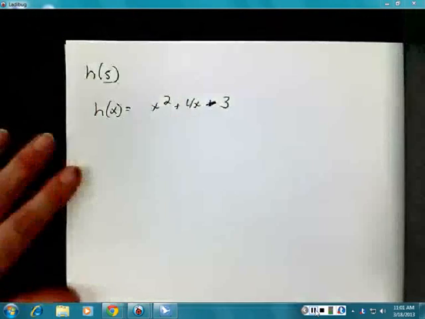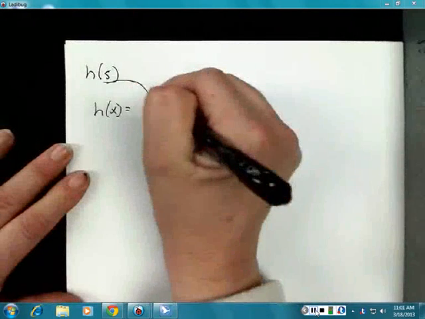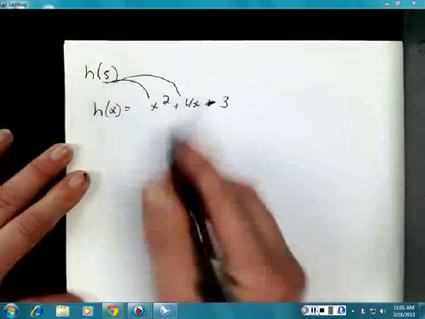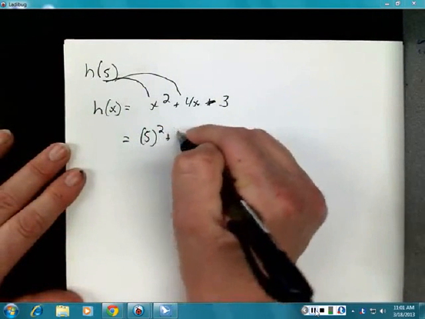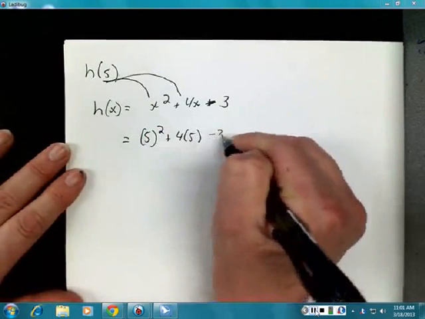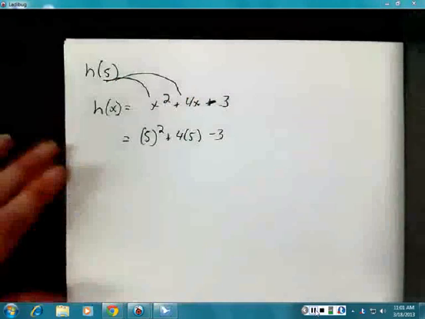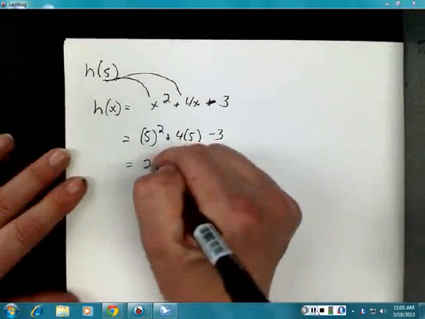What this basically means is that where I've got a 5, I'm going to replace every x with a 5. So 5 squared plus 4 times 5 minus 3.